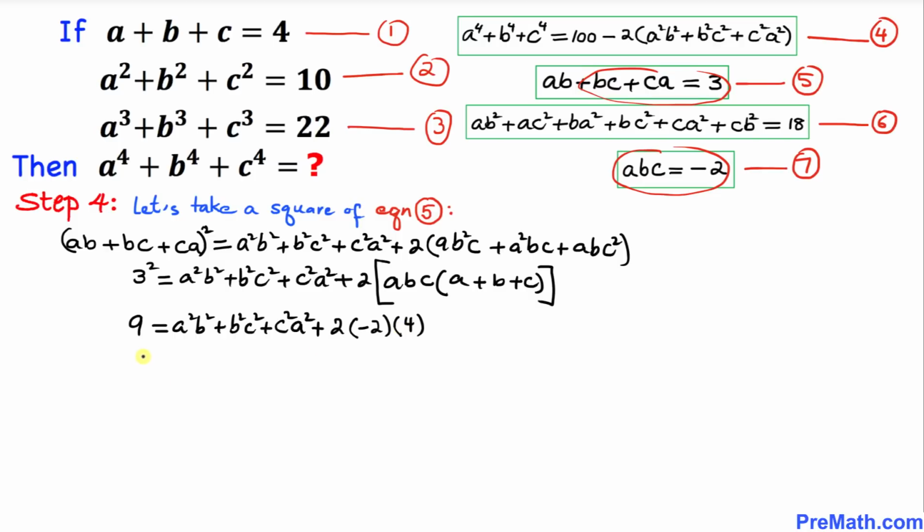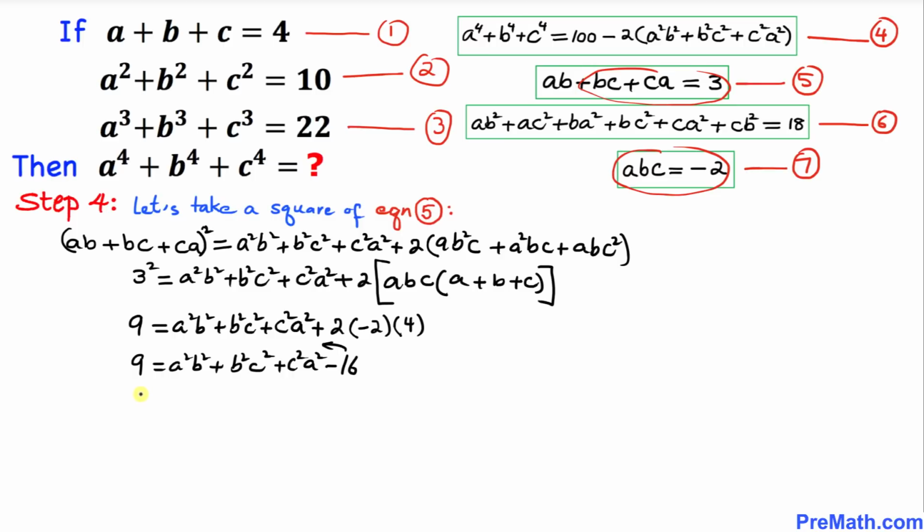Let's simplify furthermore. So we got 9 equal to A square B square plus B square C square plus C square A square, and this simply becomes negative 16. Let's move negative 16 on the left hand side.